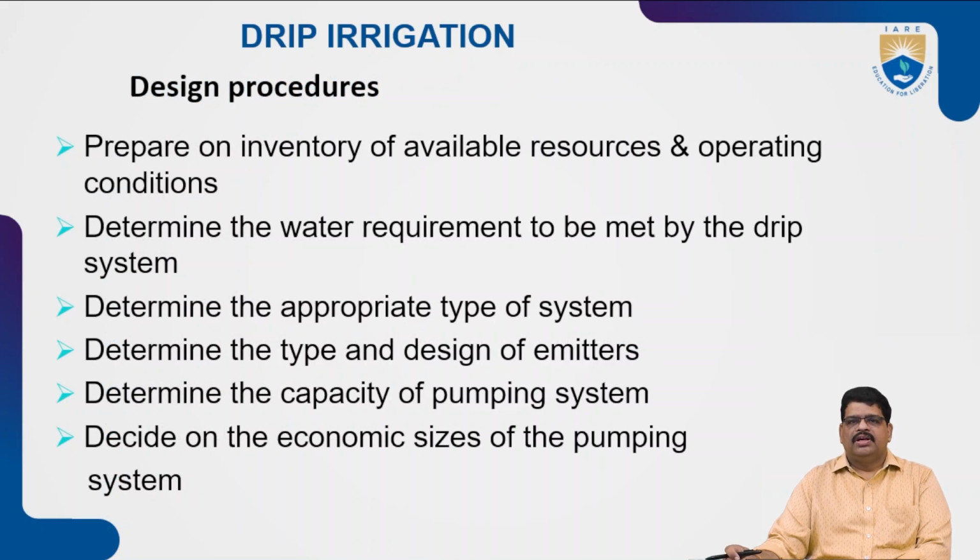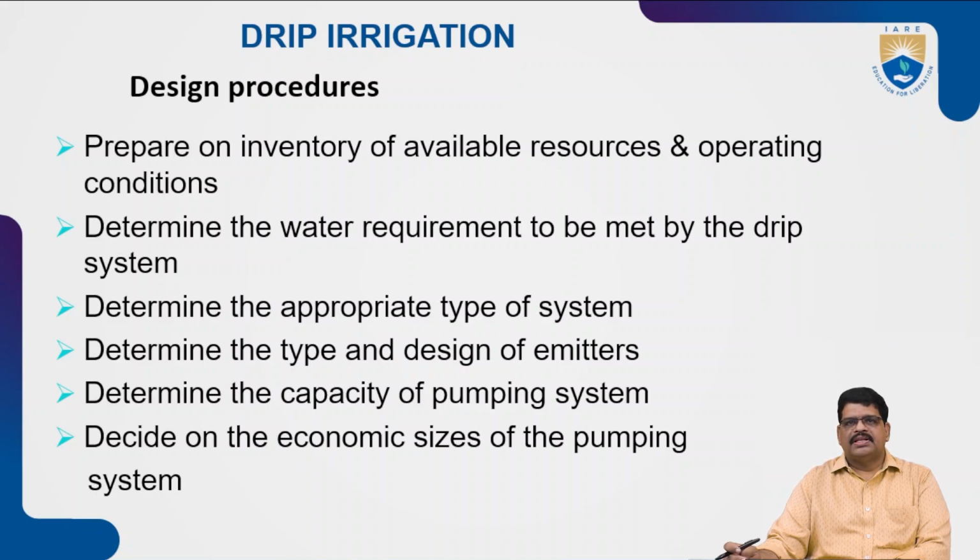Next, procedure. How to follow the procedure of the drip irrigation system? Prepare an inventory of the availability of resources and operating conditions, and determine the water requirement of the drip irrigation. Also select the appropriate type of system and type of emitter design, determine the capacity of the pumping system, and decide the economic sizes of the pumping.